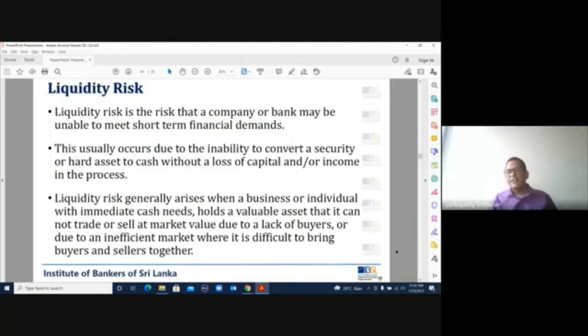Understand? For example, today I have a sum of money, let's assume 30 million, as a bank or financial institution. My inflows and stock of money is 30 million rupees.